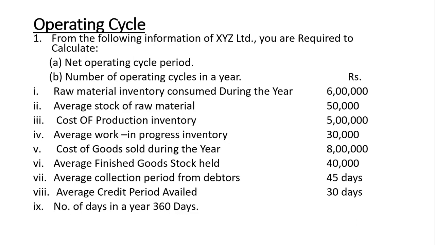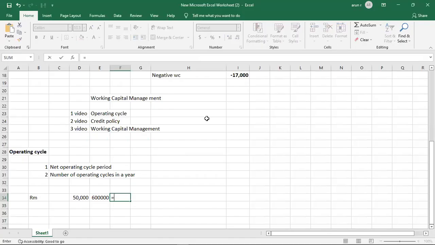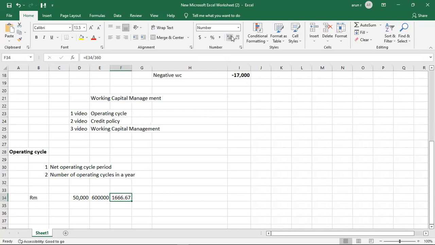We calculate per day only. During the year, 6 lakh, and the number of days is 360. So we divide 6 lakh by 360, which is 166.7. Then 50,000 divided by the per day figure is equal to 30 days. Raw material is 30 days.